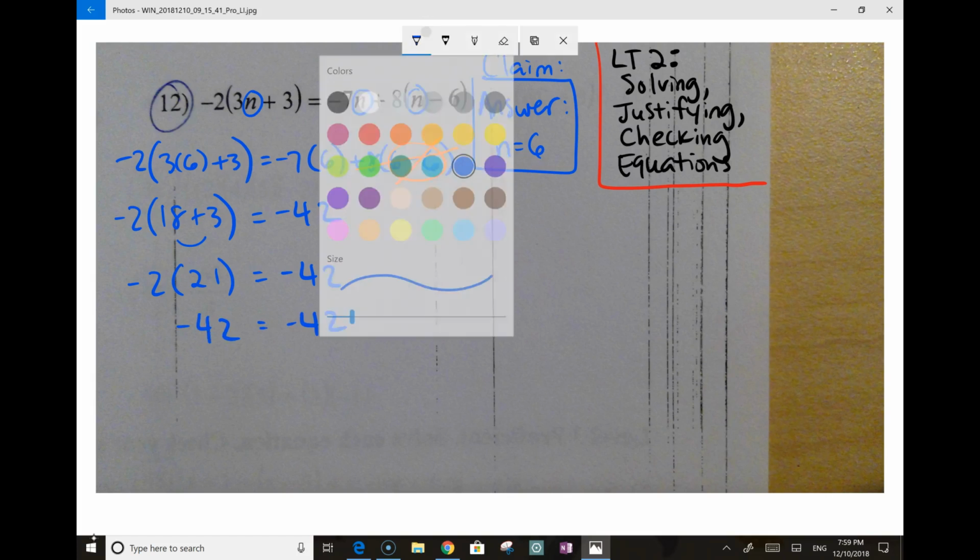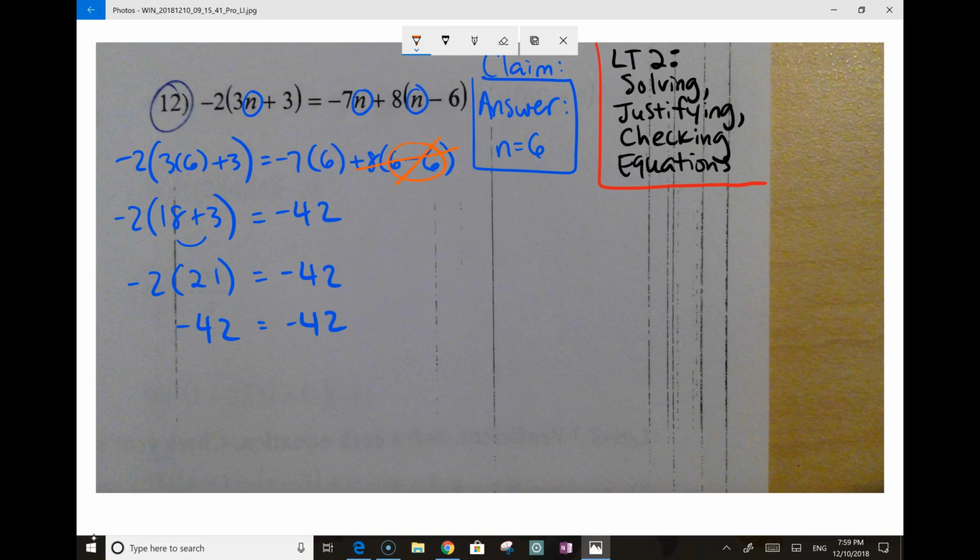The meaning of this answer is that I have a reflexive property here. Because it's reflexive, it is evidence that the answer I got, which is positive 6, is the right one for this equation.